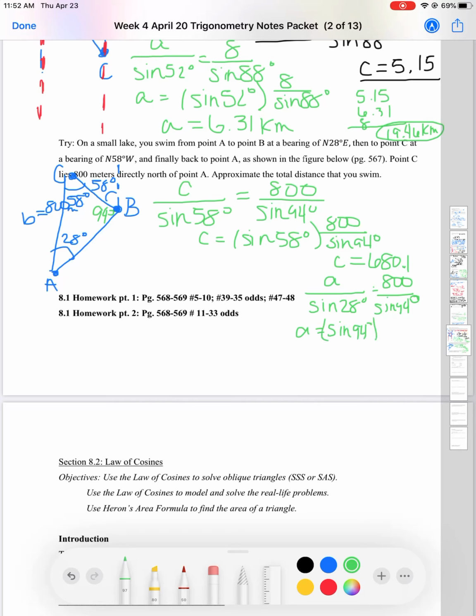So A is equal to sine of 28 degrees times 800 over the sine of 94 degrees.